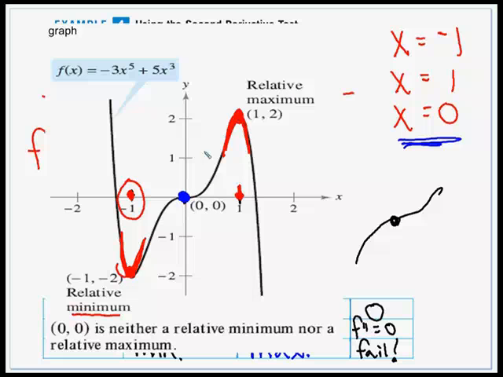It's not a relative min or a relative max. The test failed there. So we did go back to the first derivative test. When we looked to the left of that point, we saw the function was increasing. Our slope, or our tangent lines, had positive slopes. On the right-hand side of that 0, 0, our function was still increasing. So we went from increasing to increasing. So this wasn't a min or a max.